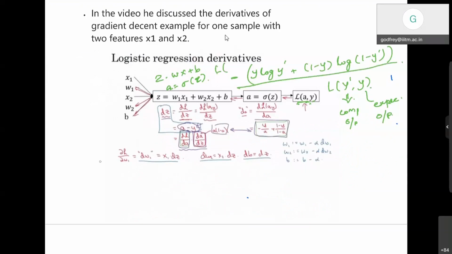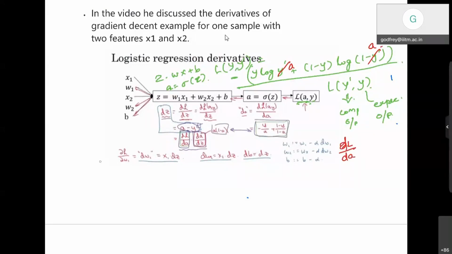So L of y comma y dash is computed using this function. Now in place of y dash, what do you have? We have a, so you can substitute a. Now we compute dL by dA.